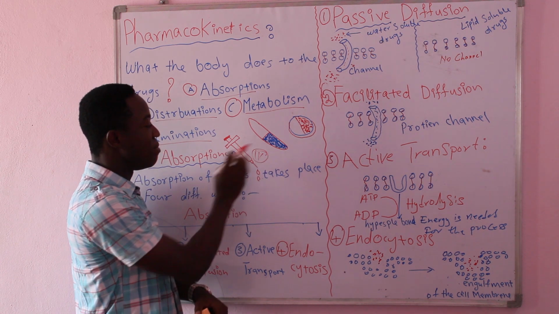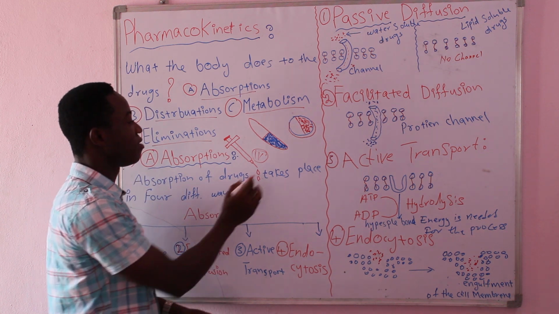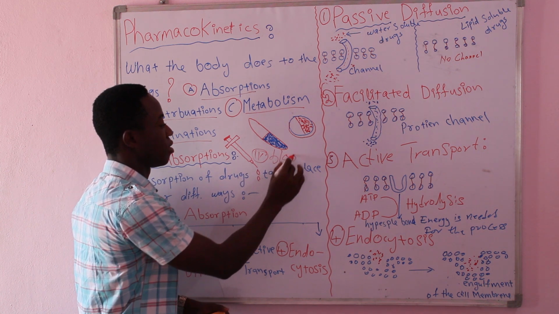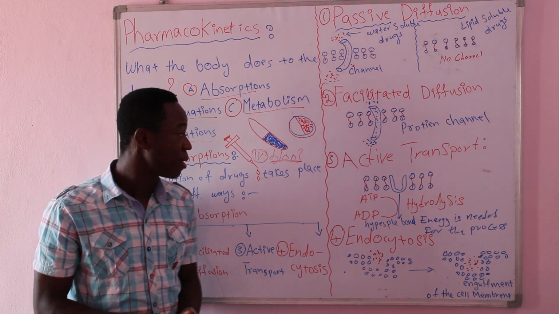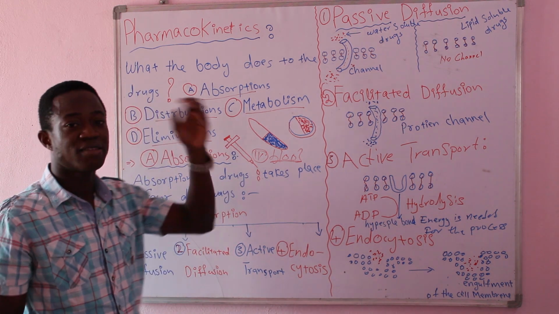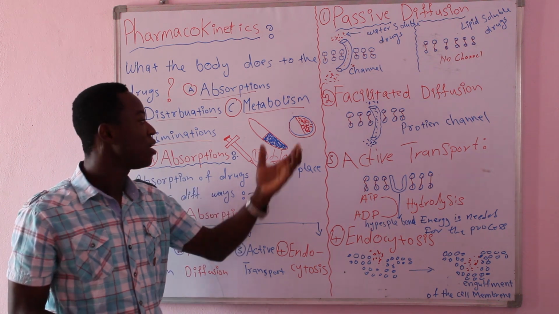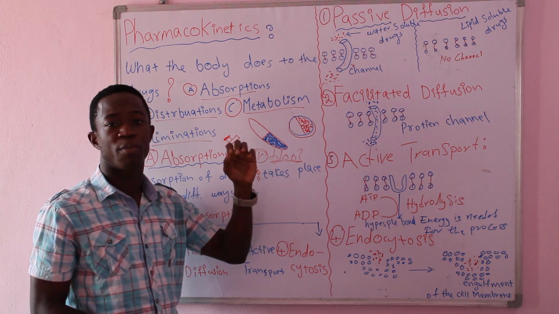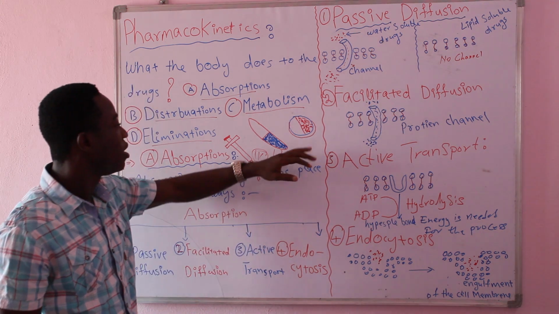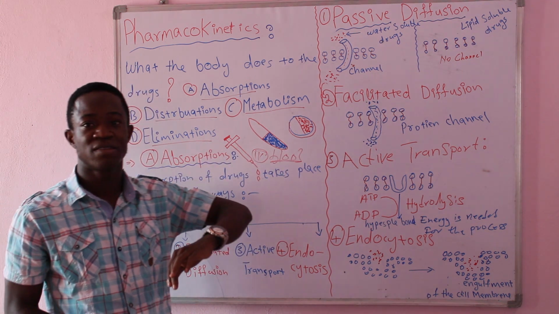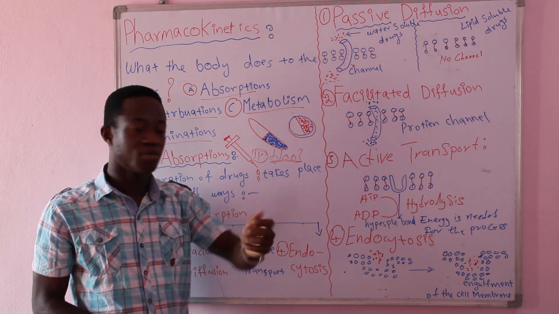When this drug is administered to the patient, it reaches the bloodstream directly. When it reaches the bloodstream, what happens? It is absorbed. Or when the drug is given orally, PO, by the mouth, it is also absorbed. When the drug is absorbed, it reaches the systemic circulation and it gets distributed.